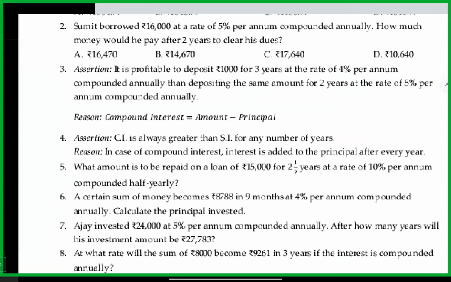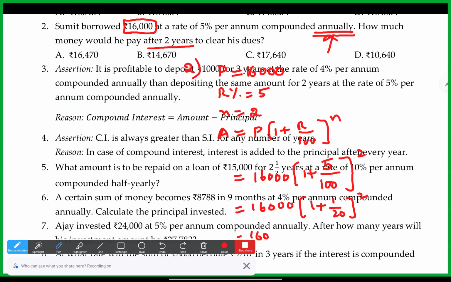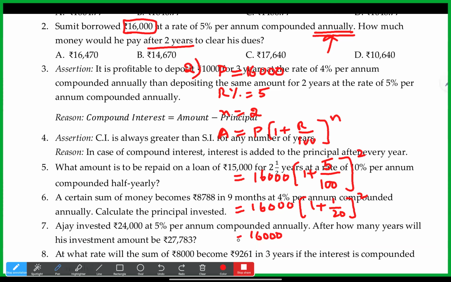Here, first we have 5 and 100. If you want, you can cut it, no problem. 5 ones are 5, 5 twenties are 100, so it will become 1 by 20. Now we need to add these two first. 16,000 into (1 plus 1 by 20).